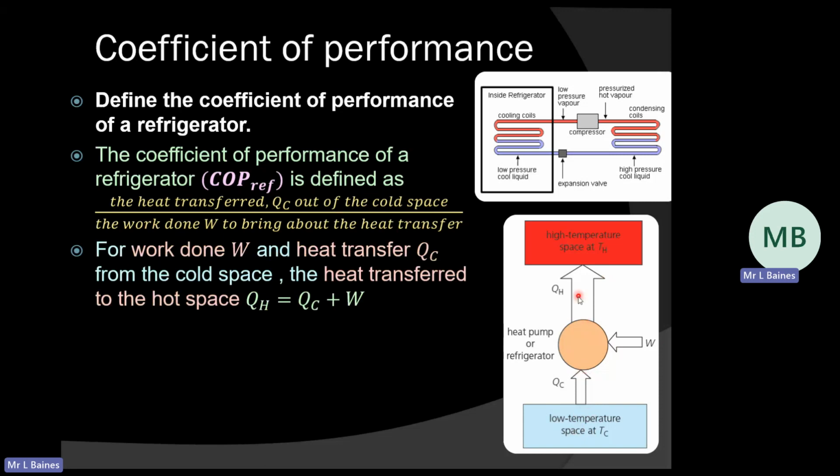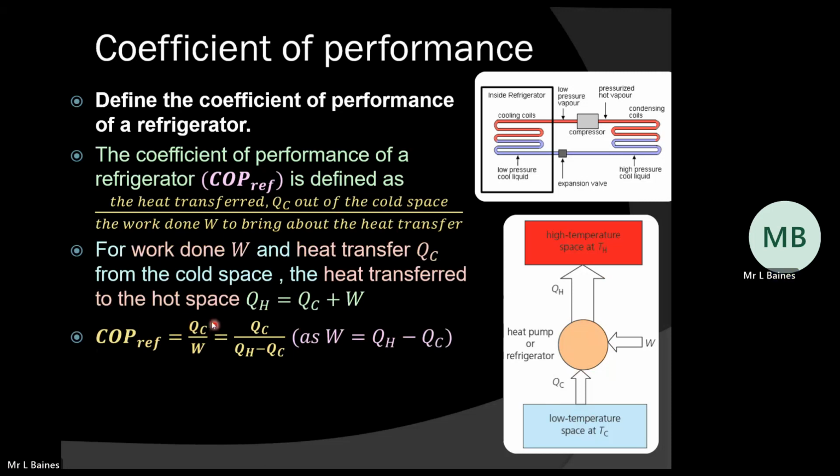QC plus the work done is equal to QH. Now, when I'm looking at a coefficient of performance for a refrigerator, I'm interested in the amount of energy, the heat transferred out of the cold space, which is QC. And I'm going to compare that to the amount of work that I am going to do in order to get that amount of energy out.